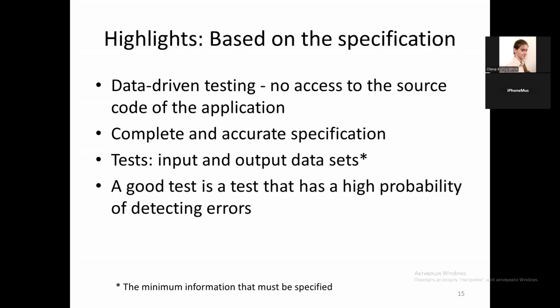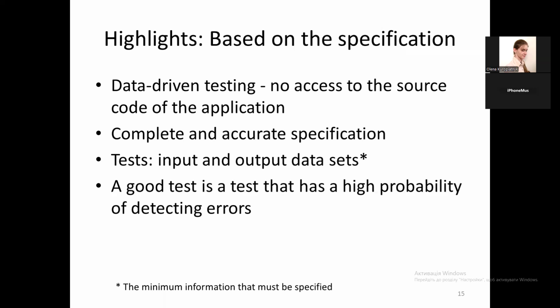If we speak about methods that are based on the specification, we speak about data-driven testing. In this case of testing, we have no access to the source code of our application.